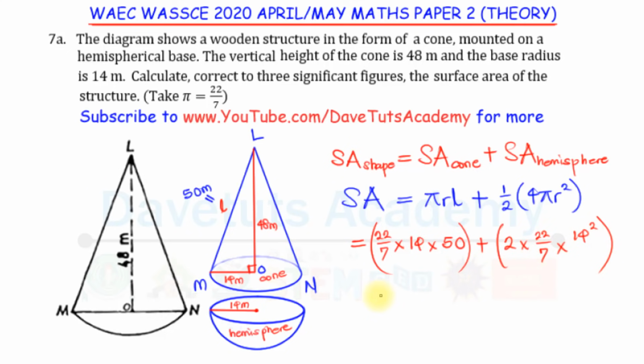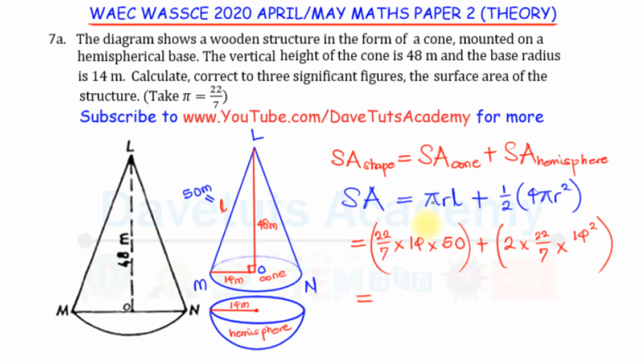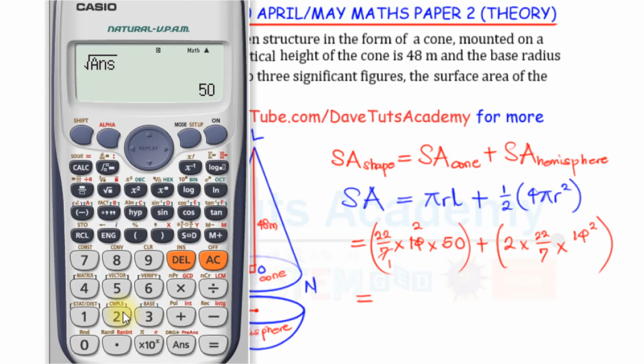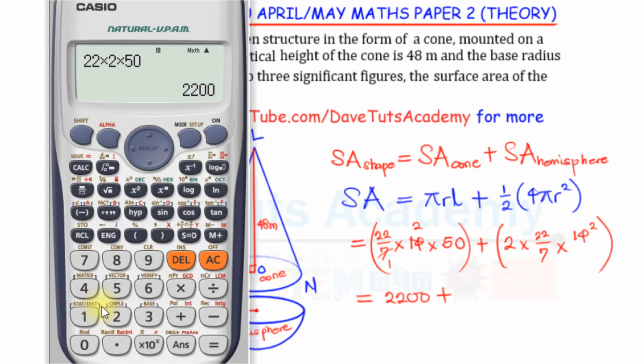If we are going to evaluate it, let's do that piecewise. I can say 7 can cut 14 to be 2. So in the first case, we have 22 times 2 times 50. That will be 2,200. So this is 2,200 plus, in the second case, given 22 over 7 and 14 squared, the 7 can cut.